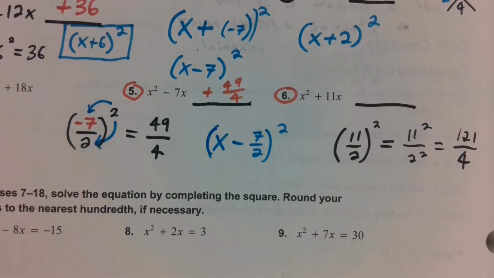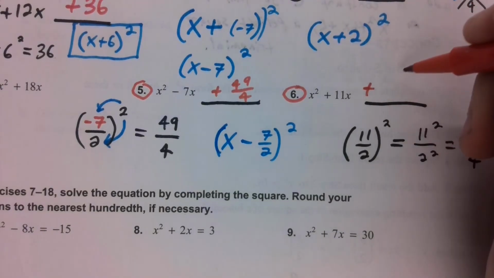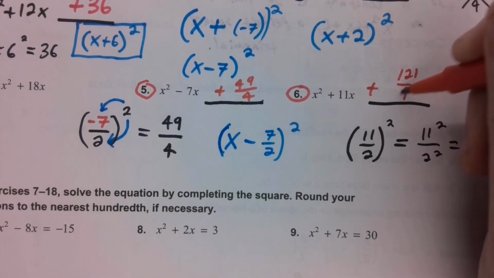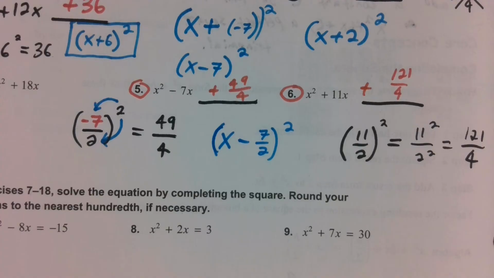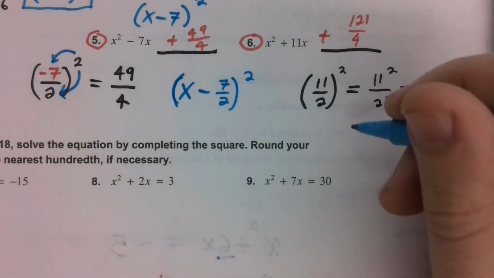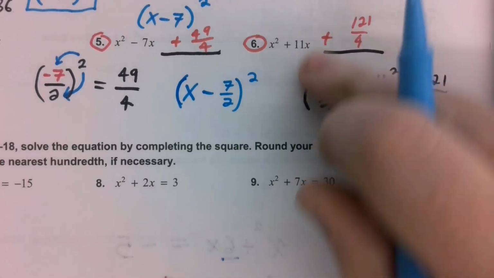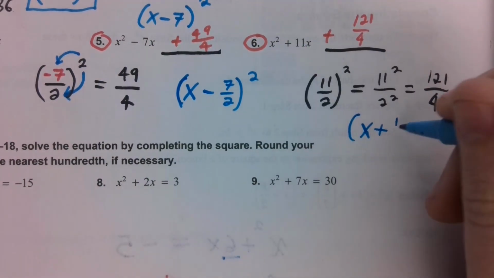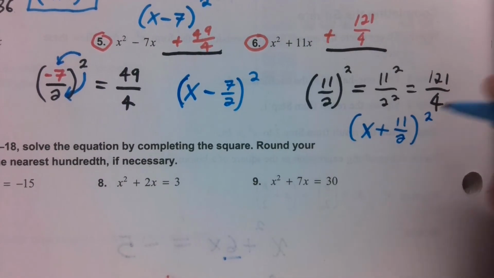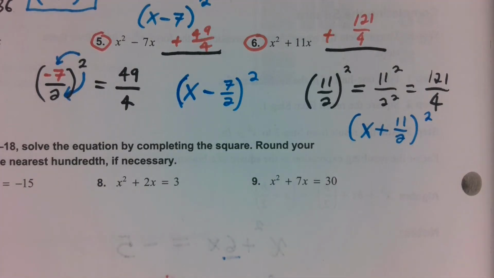That means to complete the square, we would add 121 over 4. And that means that, last but not least, our factored version would be x plus 1/2 of b, which is 11 over 2 squared. Whew! Those were some nasty problems. They were tough.